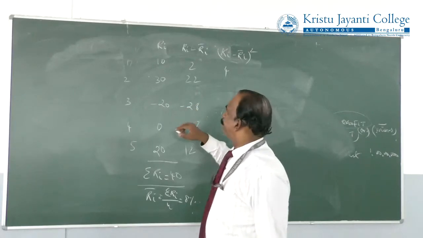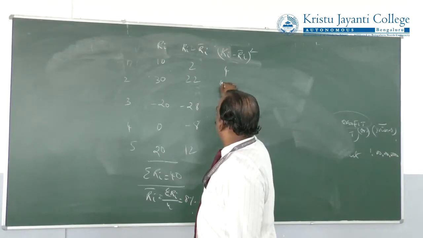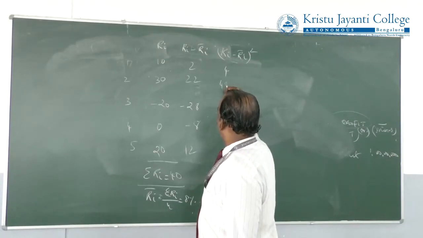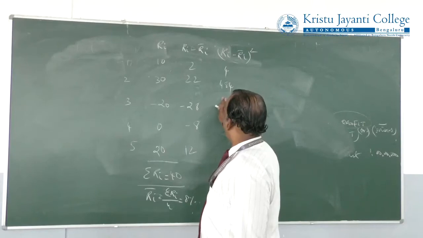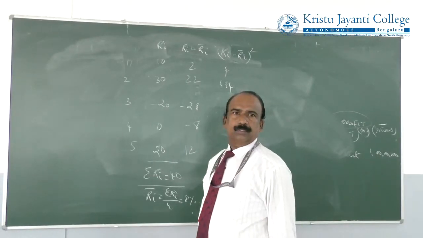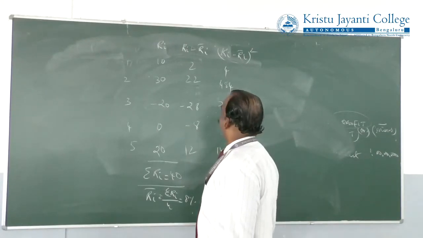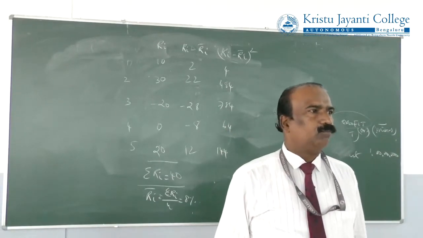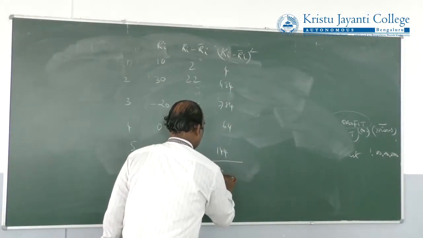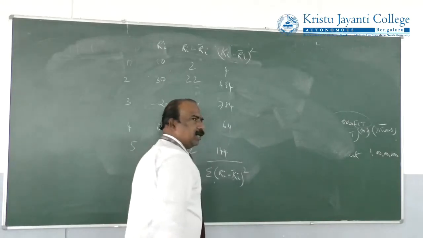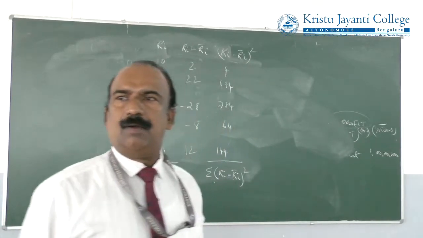Then 484. Then 784. 64. 144. Okay? Compute sigma Ri minus R bar i whole square. How much comes?